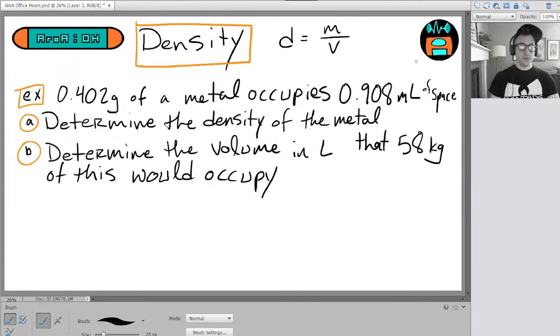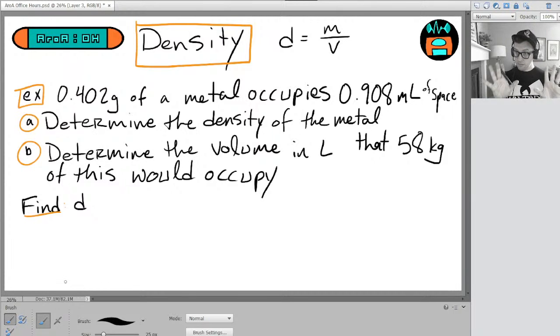All right. So this is the example. Let's go ahead and start with part A. Again, we're using this method, we're problem solving. What we're trying to find in part A is the density of the metal.